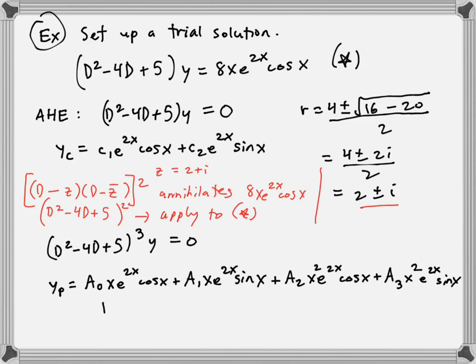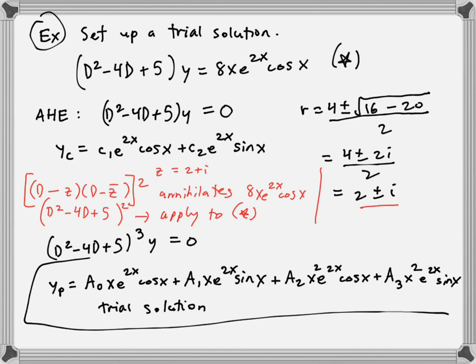So this would be our trial solution. I'm hoping that makes sense. Again, we need to go up to the x squared term because we have a cube there. However, I could leave out the first ones because they were already being taken into account in my yc.